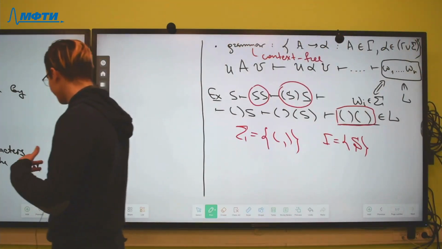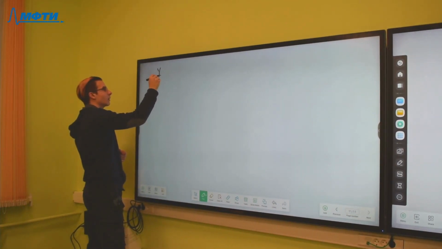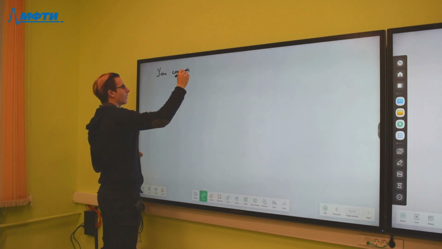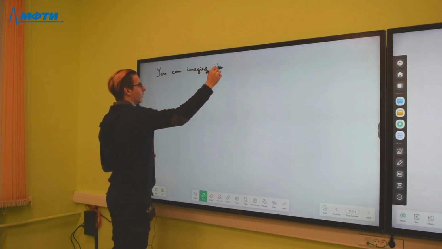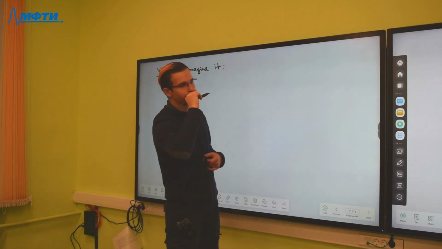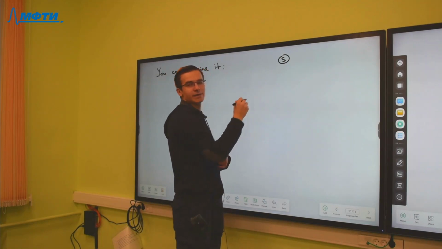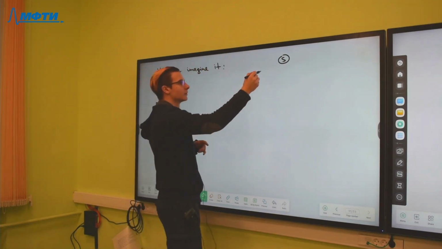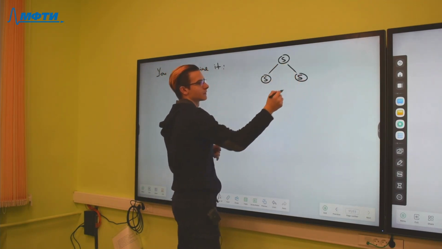You can imagine it like a tree too. Because, for example, initially we have S, yeah? Then we transform it to two nodes, S, S, yeah?